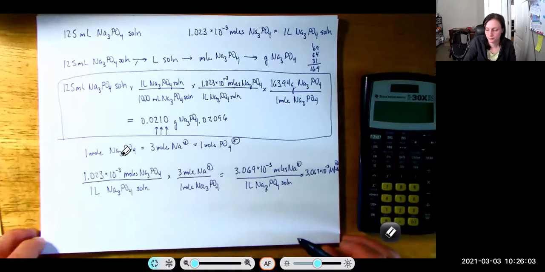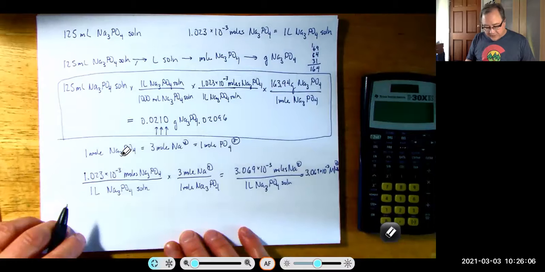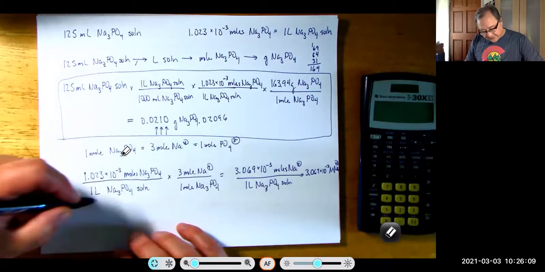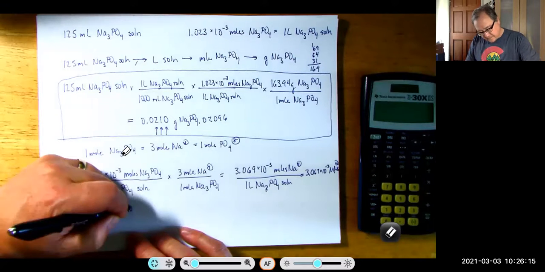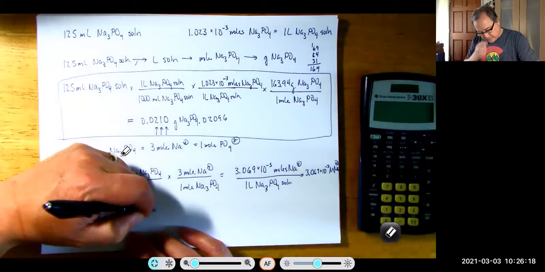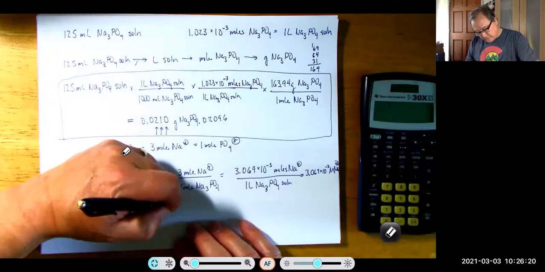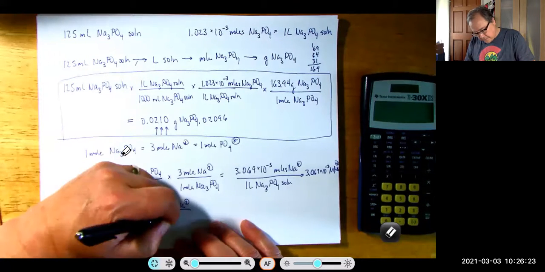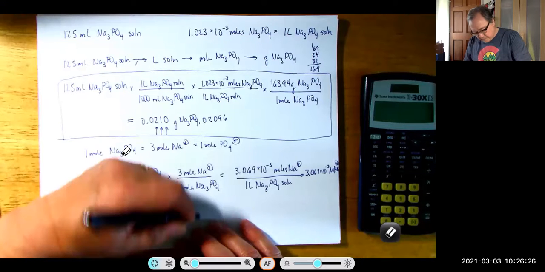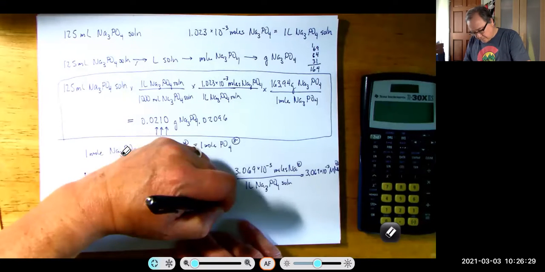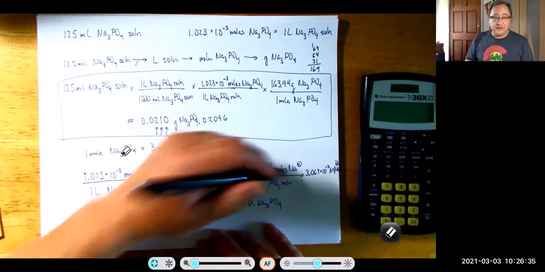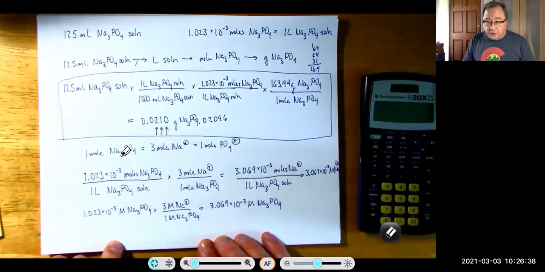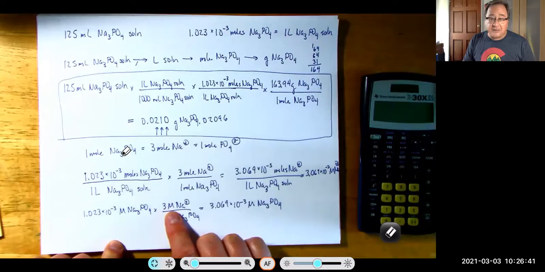Right. So now that we know that it's really easy to do this, you can actually do this, because the concentration of sodium ion is 3 times larger than the concentration of sodium phosphate.